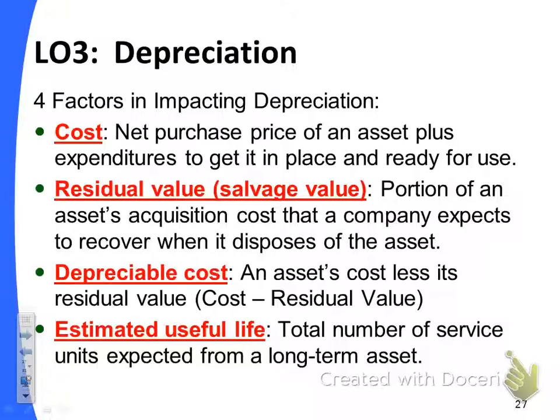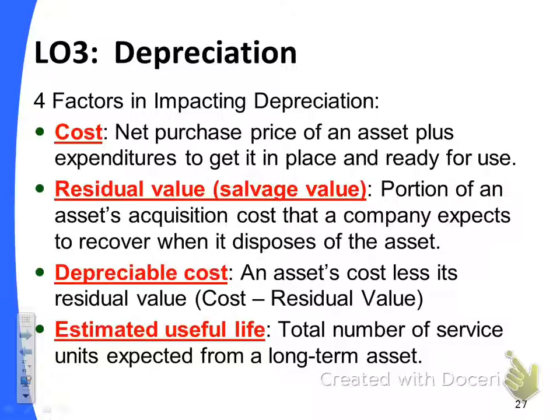And then our depreciable cost is the asset's cost less the residual value. So our cost, this item right up here, minus whatever the residual value, is the most that we can depreciate on that asset. So if we have our car, and it's a $30,000 car, and we say that in 5 years, at the end of its useful life, it will have a value of $5,000.